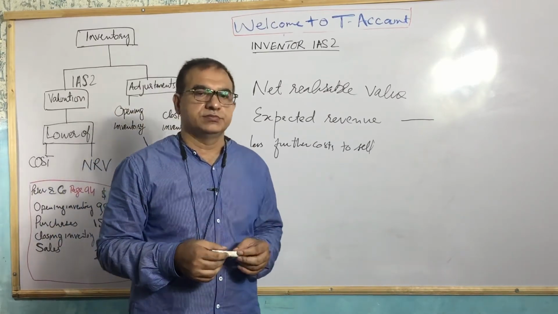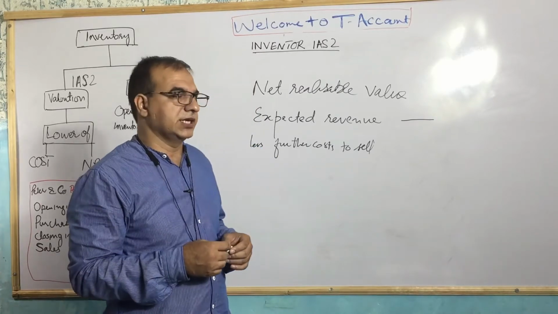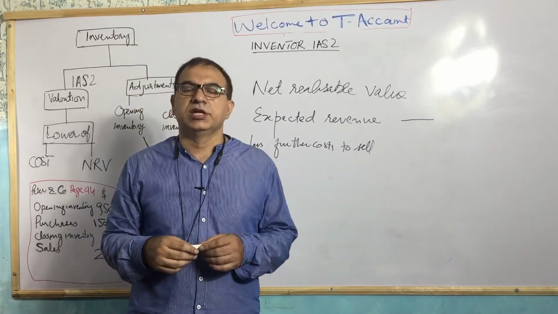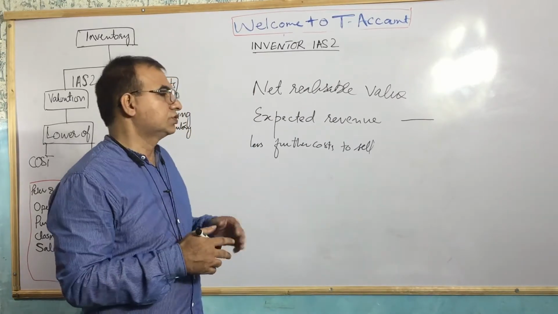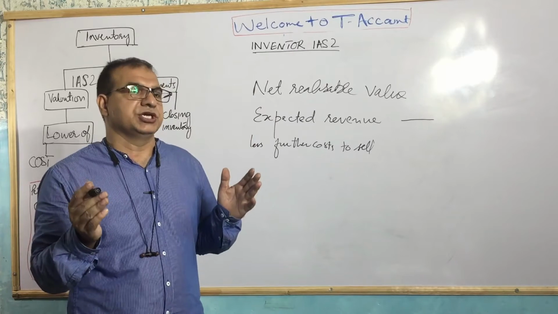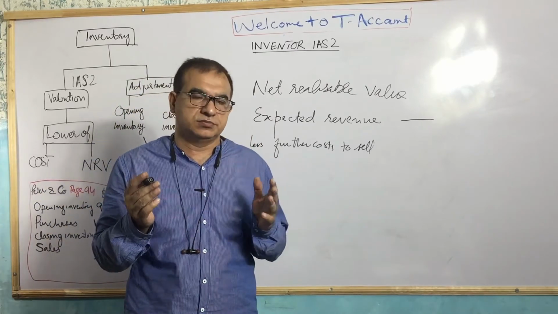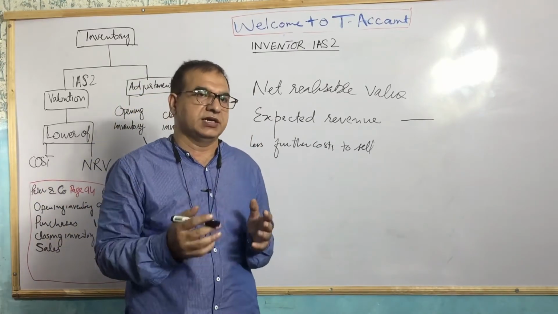Prudence concept, conservatism tells us that we recognize all the anticipated losses. So when there are some indications that we have a loss in the inventory, we need to book it, recognize it.